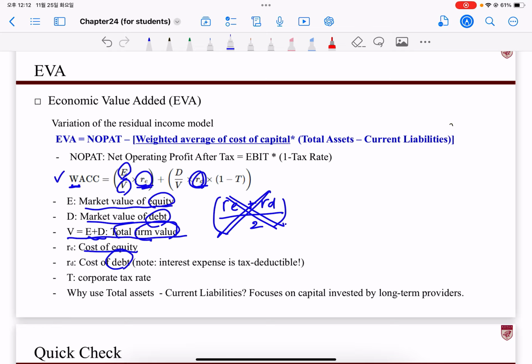Wait. But then there's one part that we also need to take into account, which is the 1 minus T. Why? Because this part is already the tax deductible part. So this is a bit tricky, but let's say you pay an interest expense.